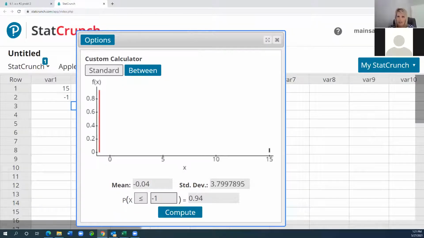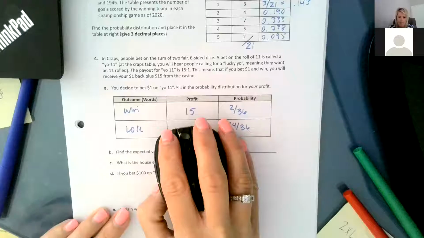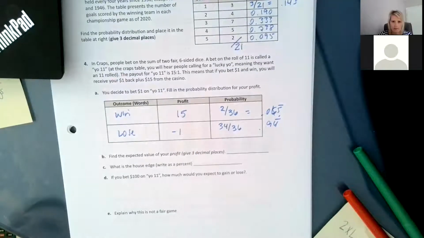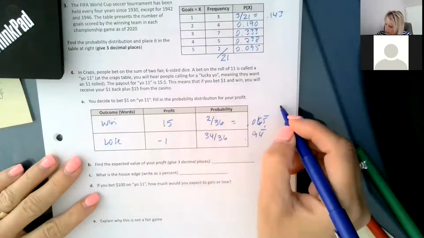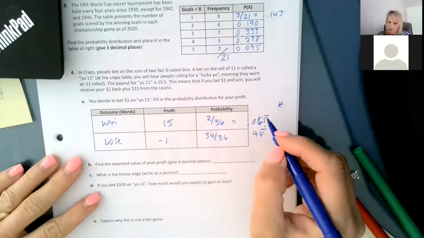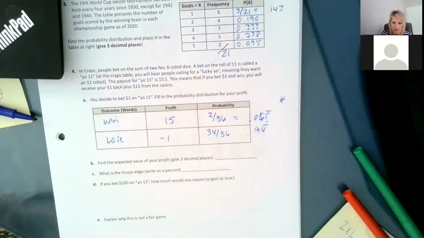So if we did this by hand, this is a nice easy one we can do by hand and just see if we can figure out what I'm doing incorrectly here. I think it should be a negative 11 cents. So if we multiplied 15 times 0.06, maybe it's just because I rounded that made all the difference.